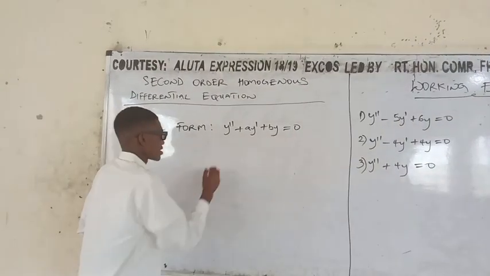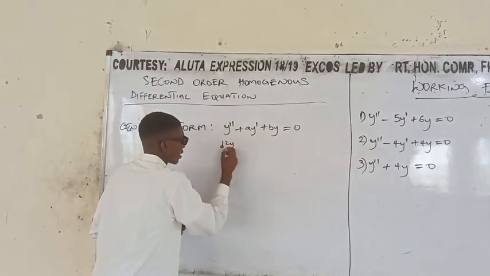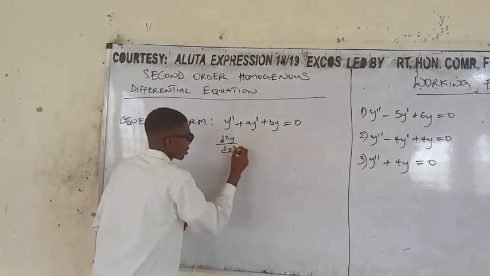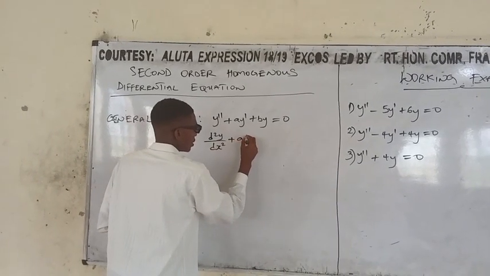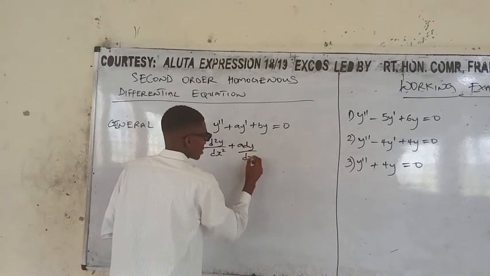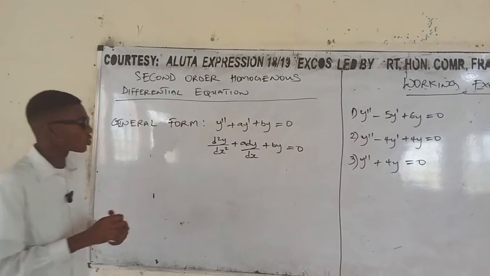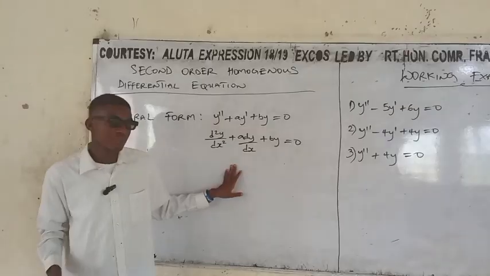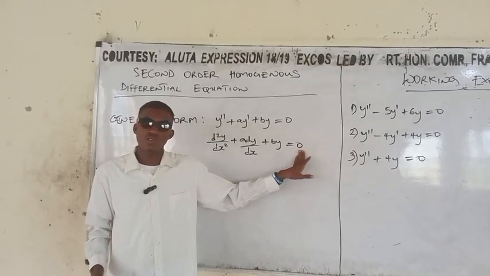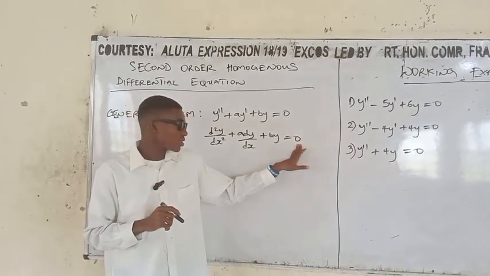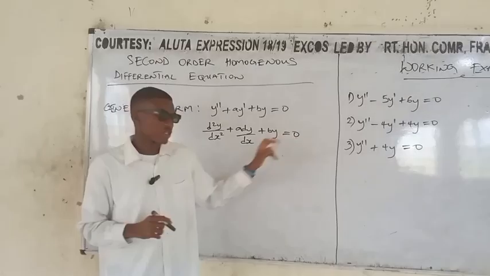Or you can write it as d²y/dx² + a dy/dx + by = 0. This is called a homogeneous differential equation because the right hand side is equal to 0. So ensure you take notes. It's homogeneous because it's equal to 0.